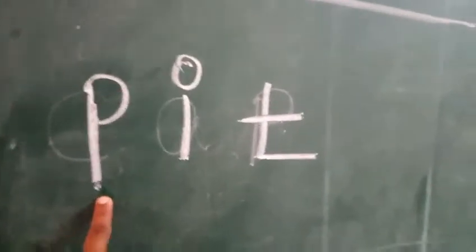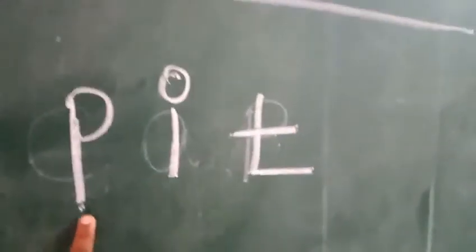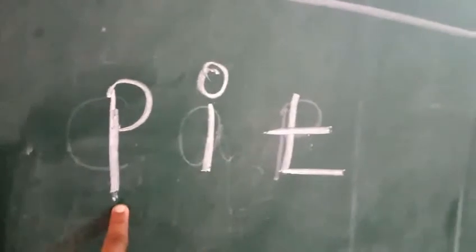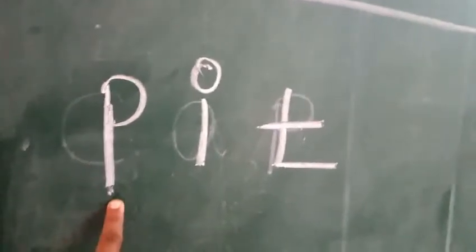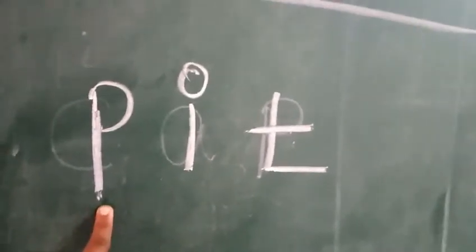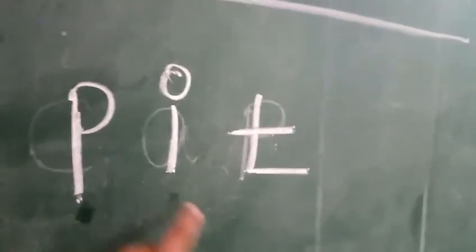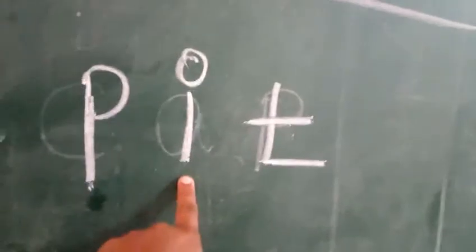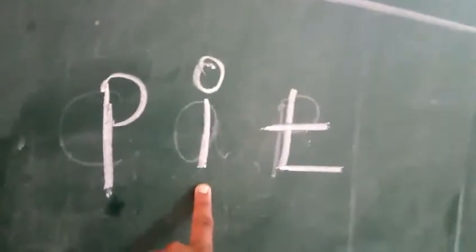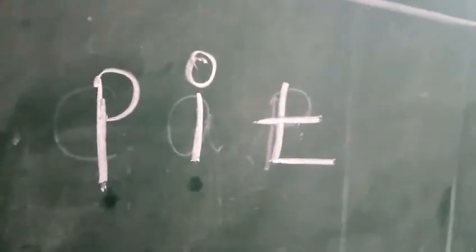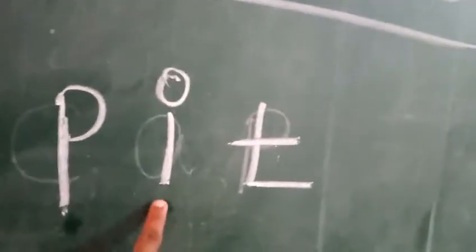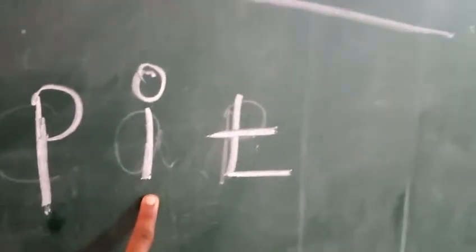What is the beginning sound? P. In our left hand, where do we have to touch? Yes, in our shoulder, right? Next, the middle sound. What is the middle sound of this word? E. Where do we touch our left hand?